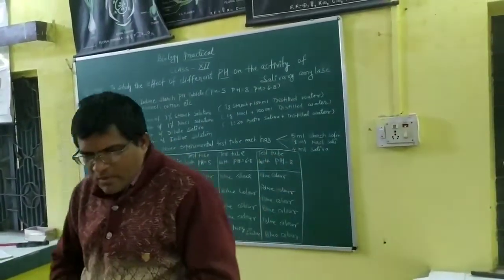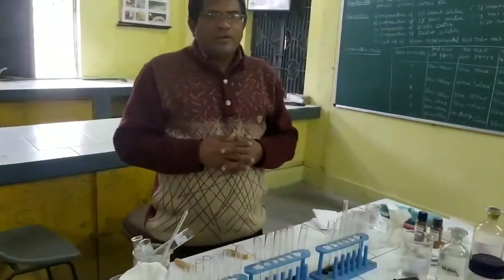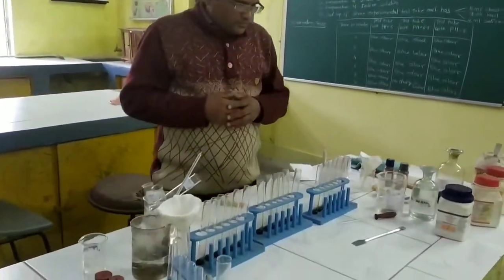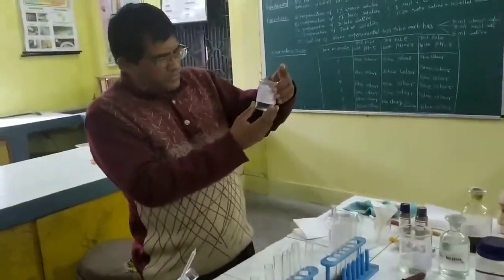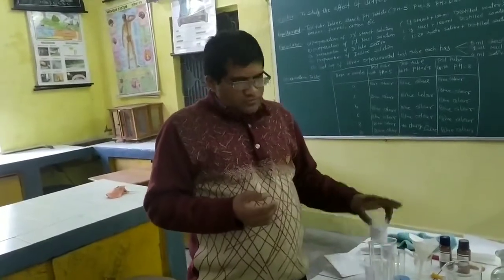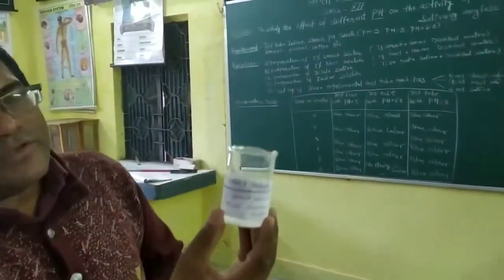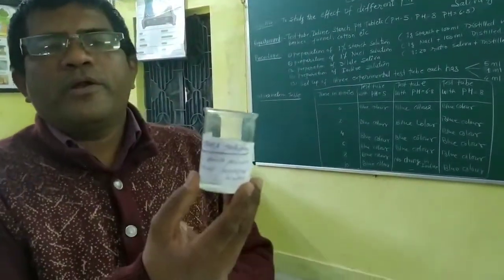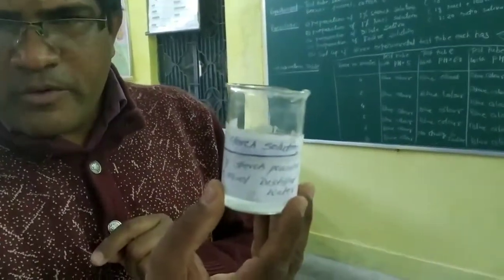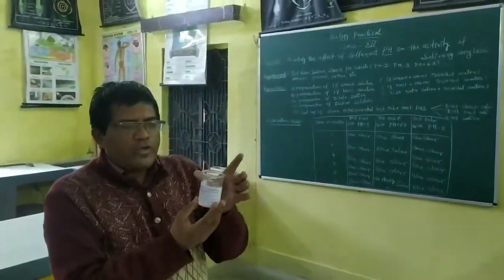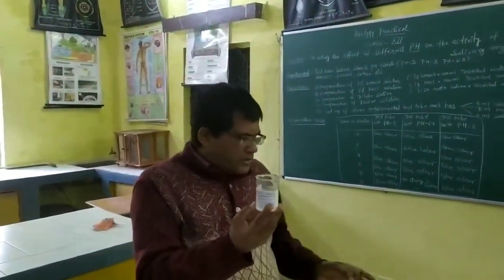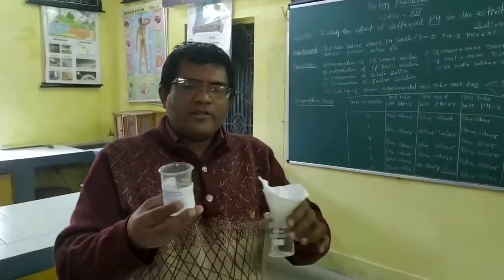Now, how to do the experiment? We come to the preparation of the solutions. The first is 1% starch solution. You weigh 1 gram of starch powder and dissolve it in 100 ml of warm distilled water, and keep it overnight. After the overnight, we filter the solution.